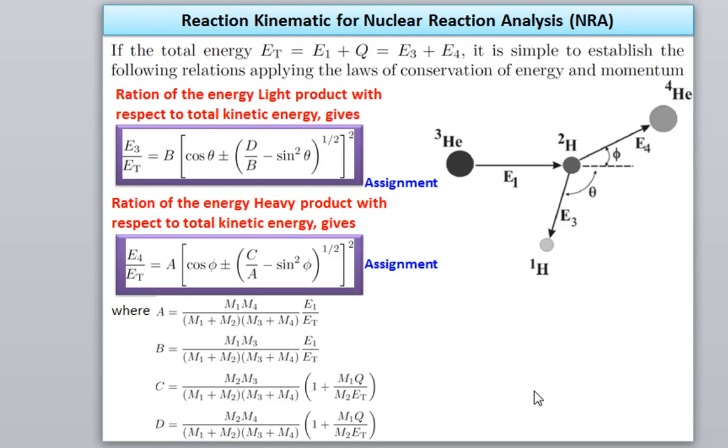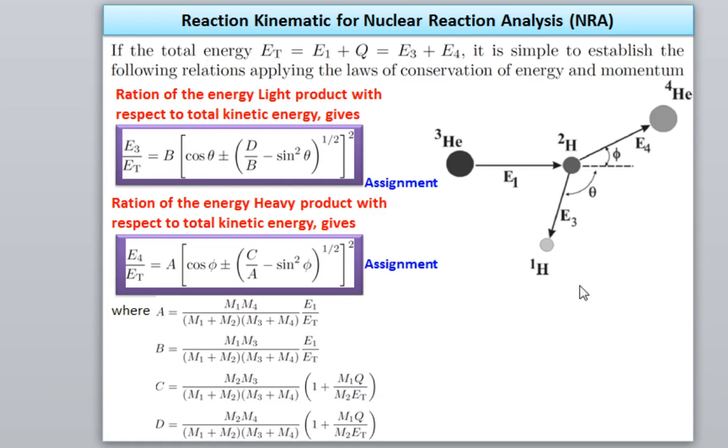So obviously, as we have learned in the case of RBS and ERDA, there is always some kinematics in such techniques. So here also reaction kinematics take place during nuclear reaction analysis. Let us ignore the gamma emission, so we can write total energy ET equal to E1 plus Q, or E3 plus E4. It is simple to establish the following relations by applying conservation of energy and conservation of momentum.